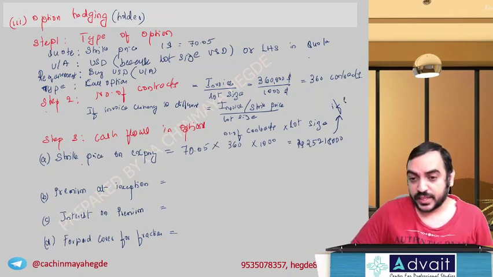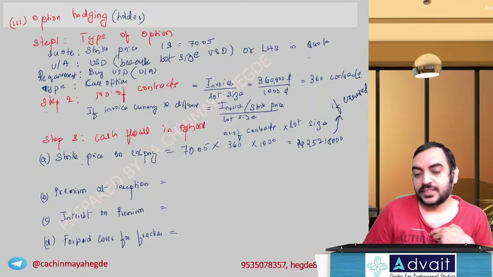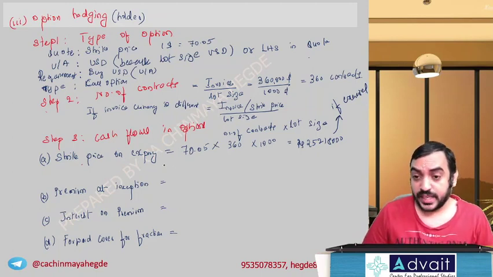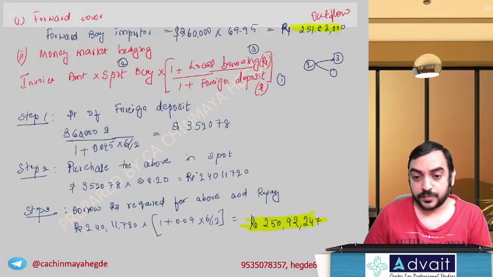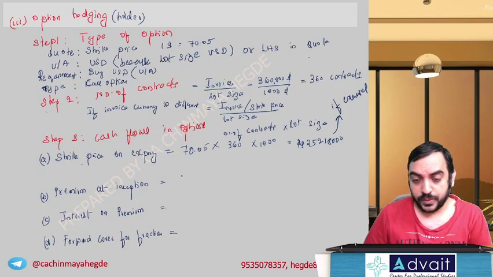So if exercised, premium at inception, same. Premium is how much? For the call option premium, we selected the call option. Call option premium 5 rupees. So rupee 5 multiplied by the same process, multiplied by the number of contracts and the lot size.